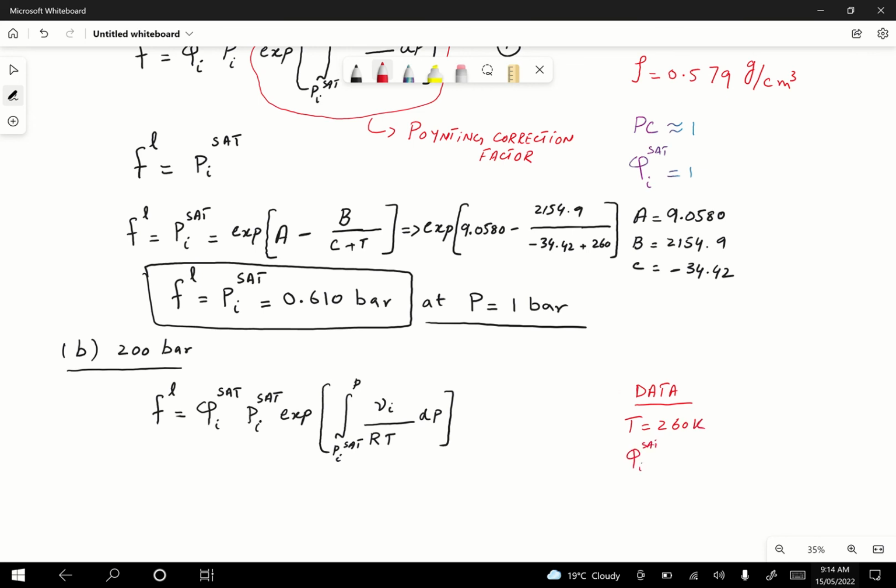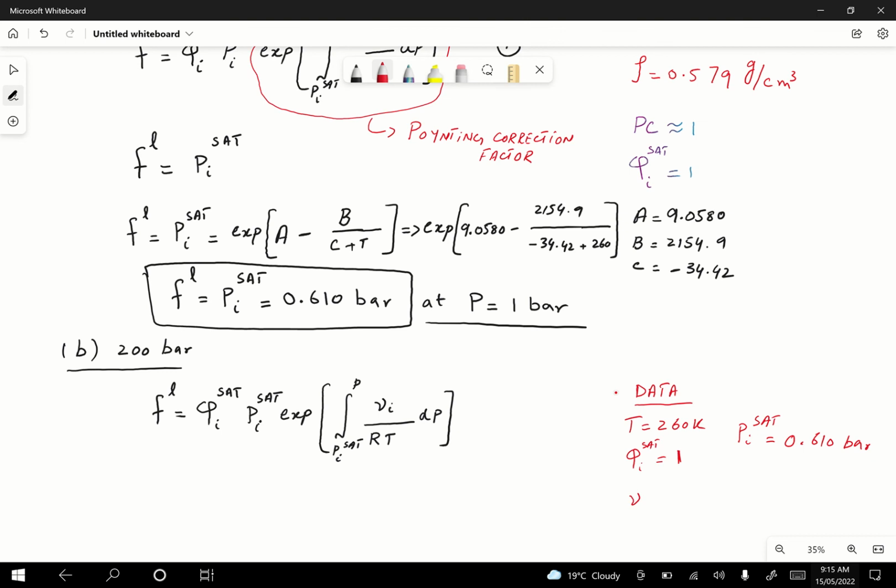Fugacity coefficient is again 1. Saturation pressure we have calculated from the previous part, which is 0.610 bar.